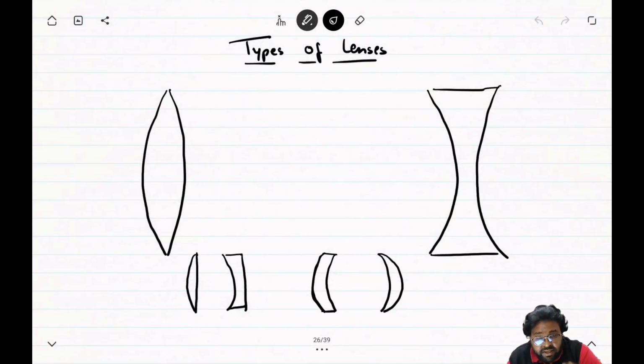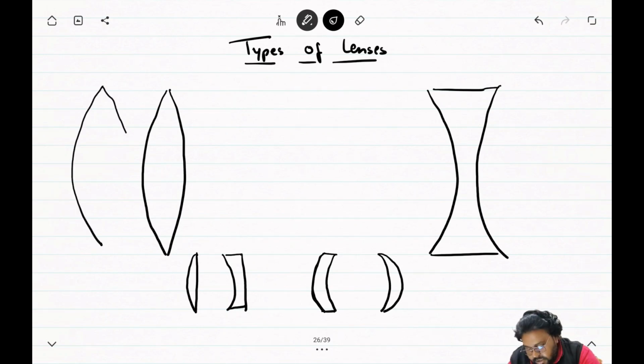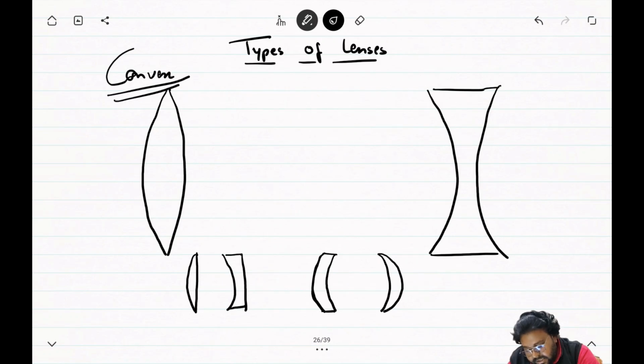Now again we have different types of lenses. This surface was convex, and this is also convex. If I join two convex surfaces, we will get a convex lens. Because both the surfaces are convex, we also call it a double convex lens.